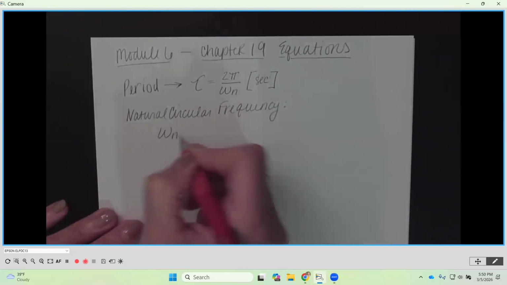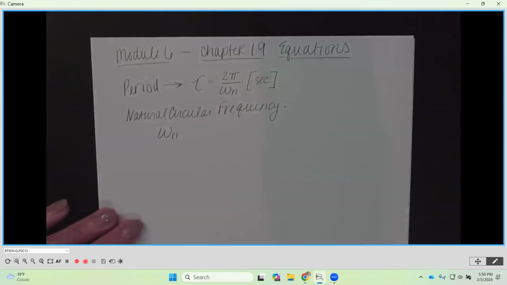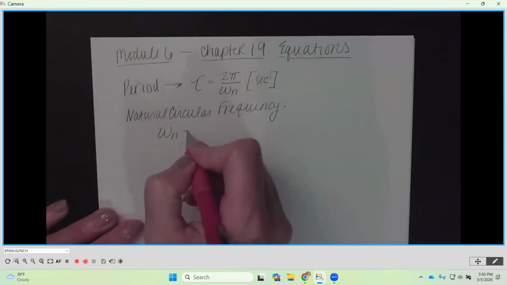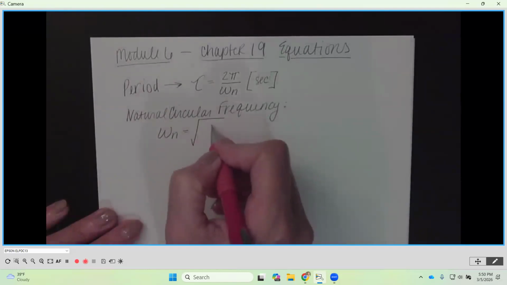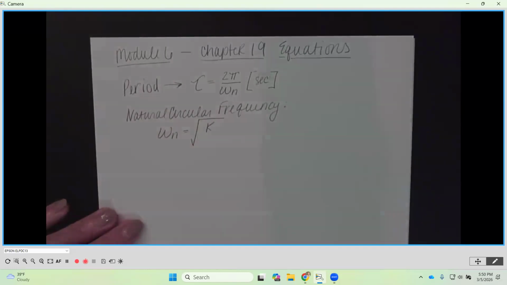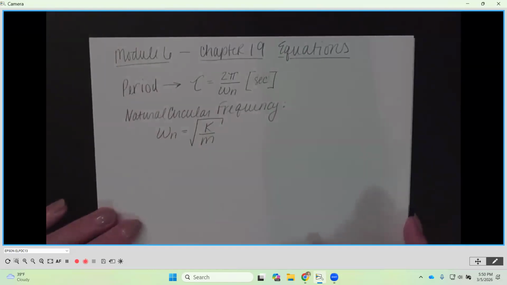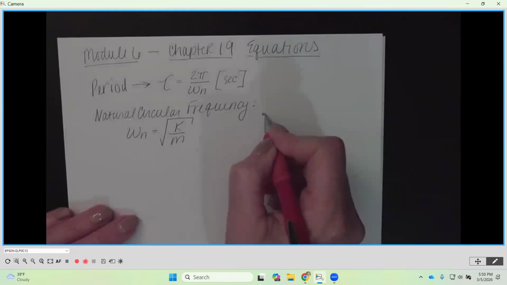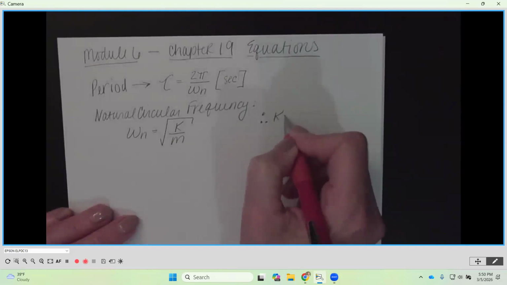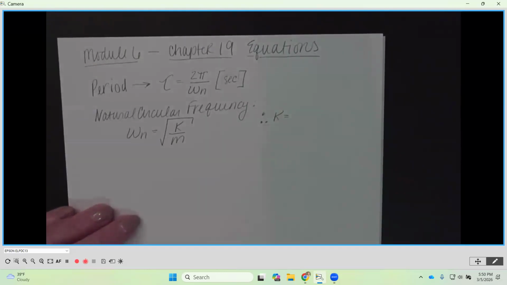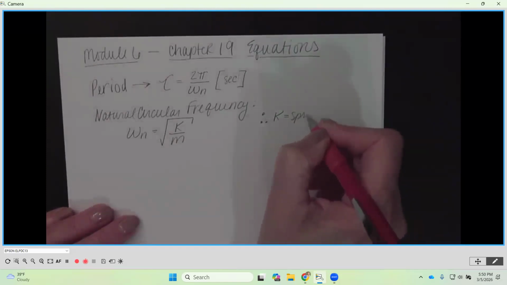That is going to be our omega sub n. And it is going to be equal to the square root of K over M. Okay, K over M. So over on the right-hand side here, K is familiar to us. Okay, K is spring rate.